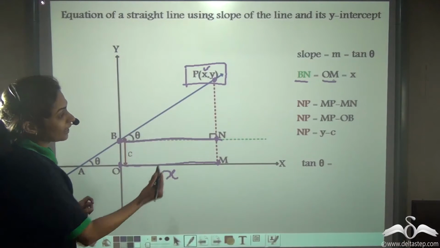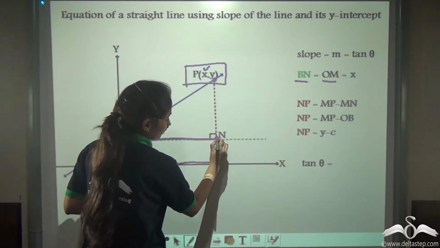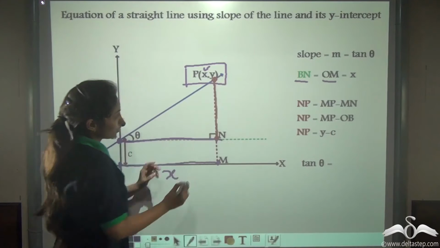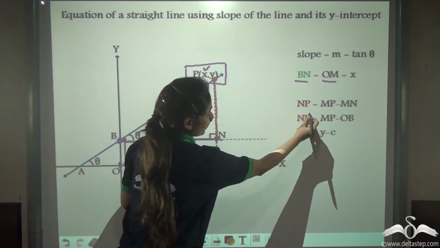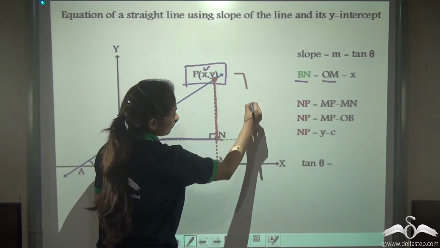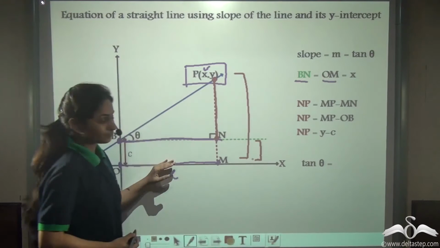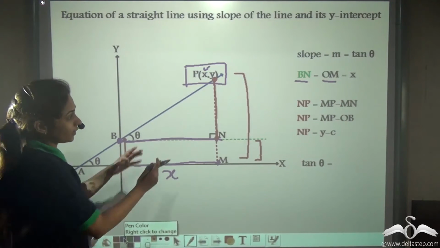Now we look at NP. From the point N to P, this line. Now you can say NP is equal to MP minus MN, right? Again, let me repeat.